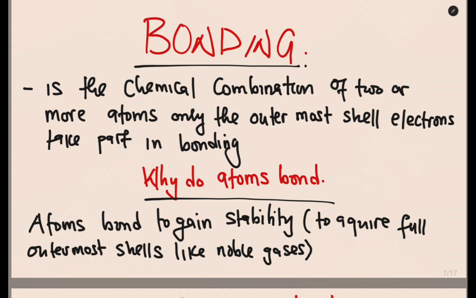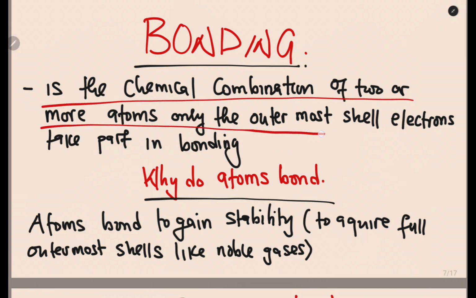Bonding is just a chemical combination of 2 or more atoms. We can end there in terms of definition, and now we can add to this. You need to know that only the outermost shell electrons take part in bonding.